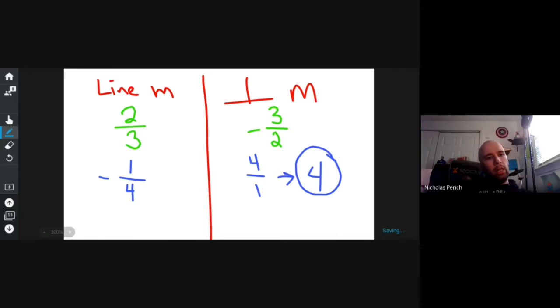And similarly, if I gave you a slope of negative 2, what is the negative reciprocal of negative 2? You're half right. You didn't flip it.